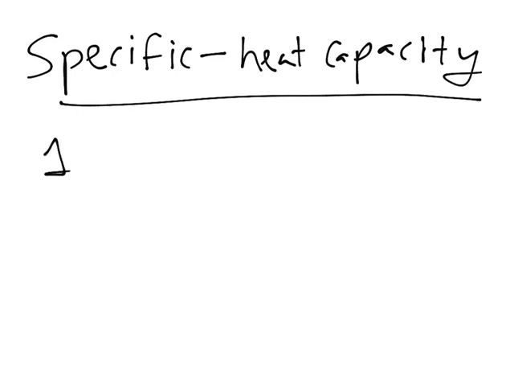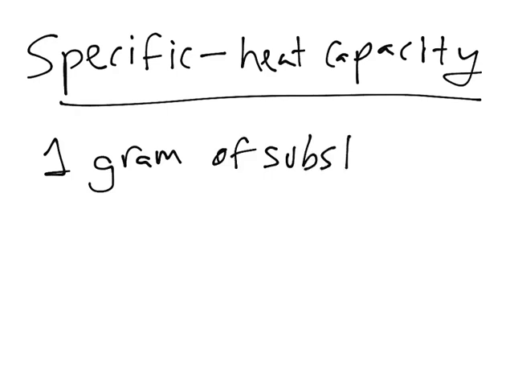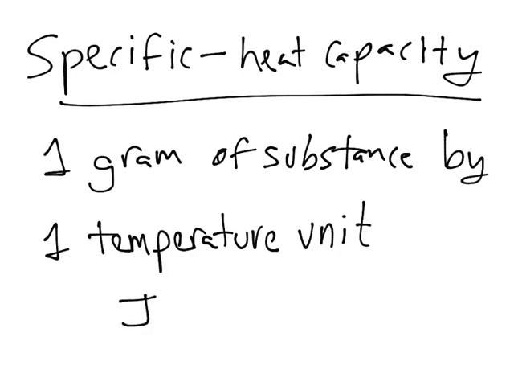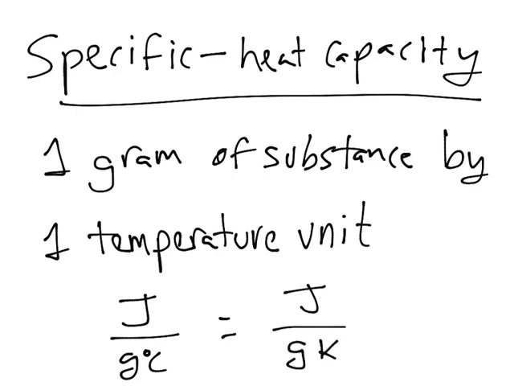So 1 gram of substance by 1 temperature unit. Well, because we said it's energy, the units will be in joules per gram Celsius. Or if you're using Kelvin, it's the same as joules per gram Kelvin.